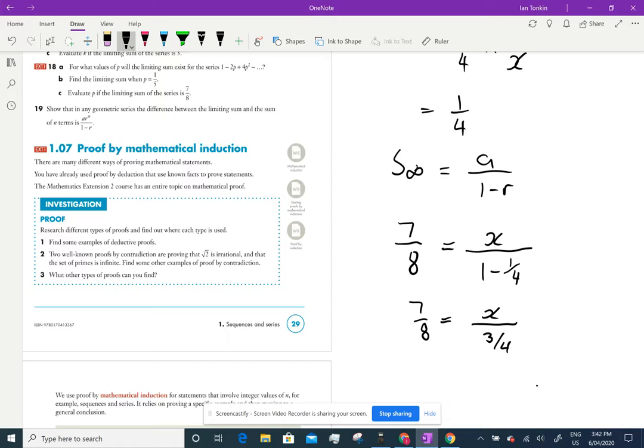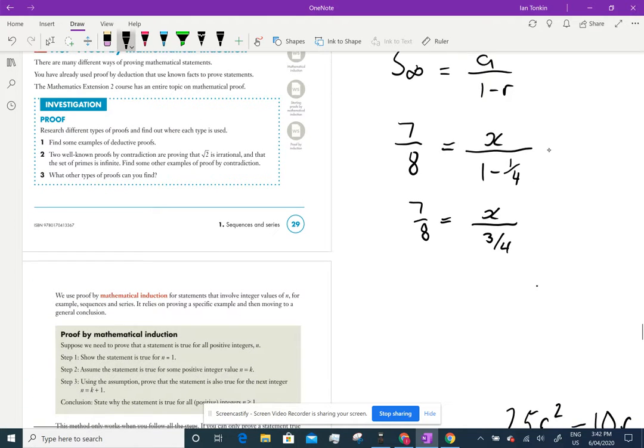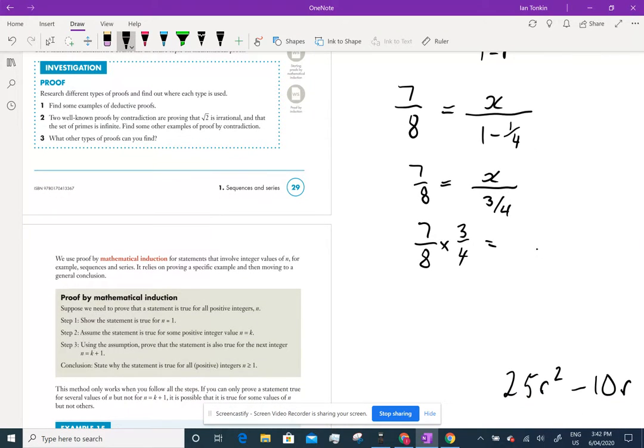Now you've got an option here. You can just multiply the other side by 3/4. Multiply that 3/4 across. It's a number. Imagine if it was a decimal, 0.75. You just multiply it across. So 7 on 8 times 3/4 gives you 21 on 32, which is the answer.